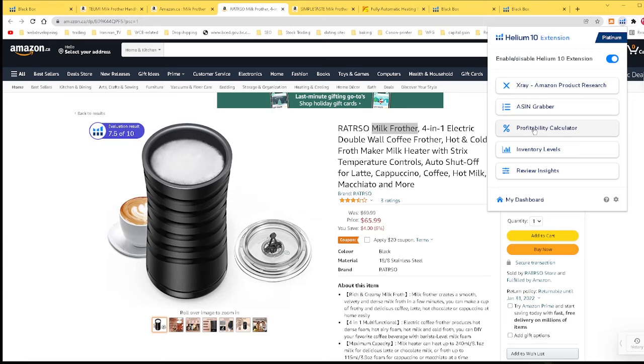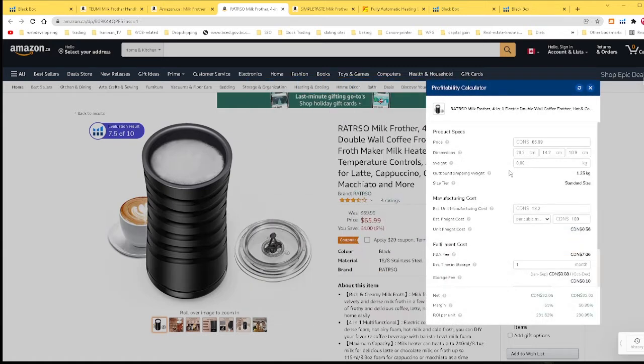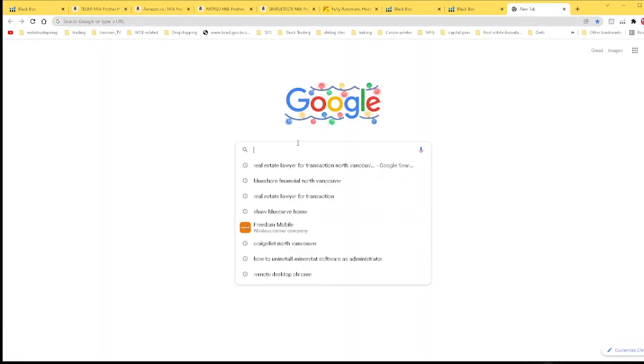When you go to X-ray, you get the tool here, Profitability Calculator, which allows you to put the numbers in. So this product will cost us 20 manufacturing plus. Well, I don't know why they said so. That product will cost us, let's say $5, but that's actually Canadian.